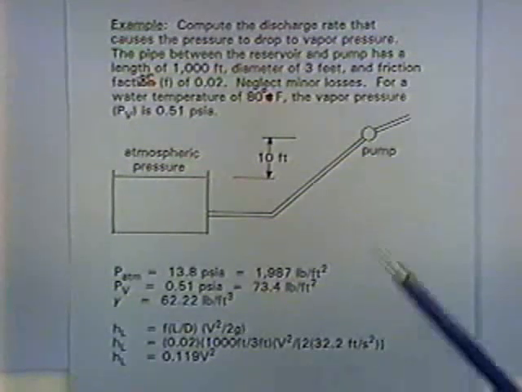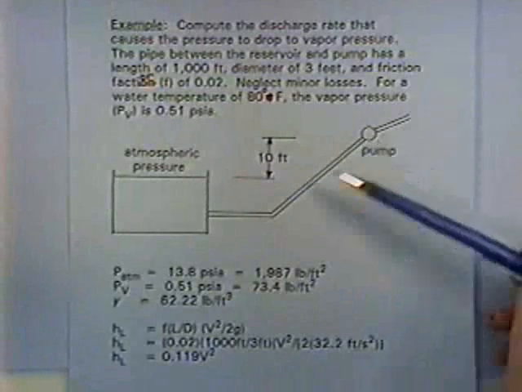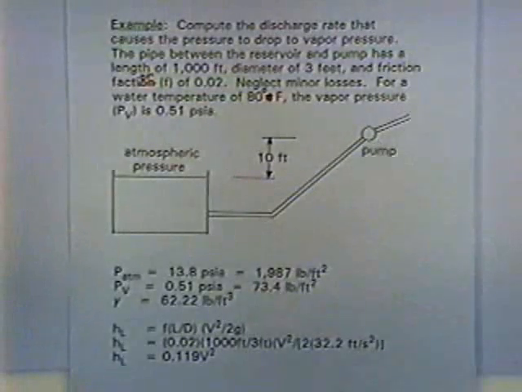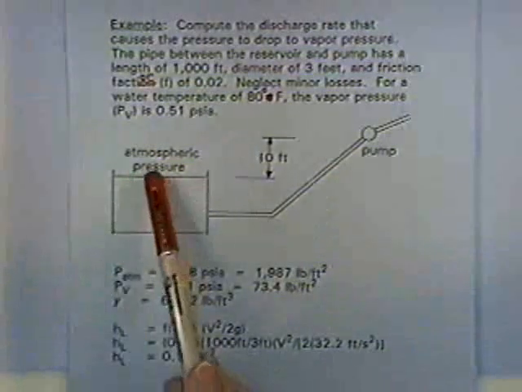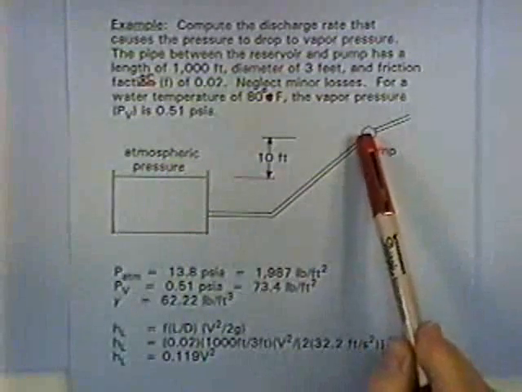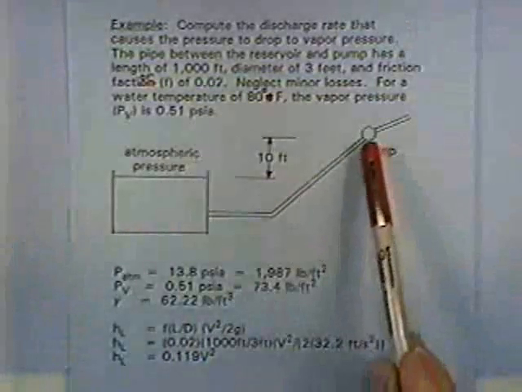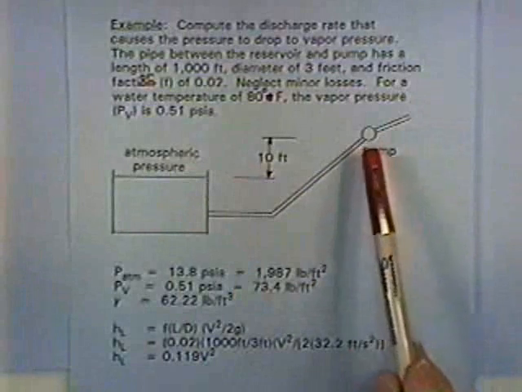And so what's going to happen, the higher you get the pump, we're trading energy. And so if you think in terms of some point here, and the total energy head here compared to the energy head downstream of the pump, if the pump's higher, the higher this gets, the lower the pressure has to be.